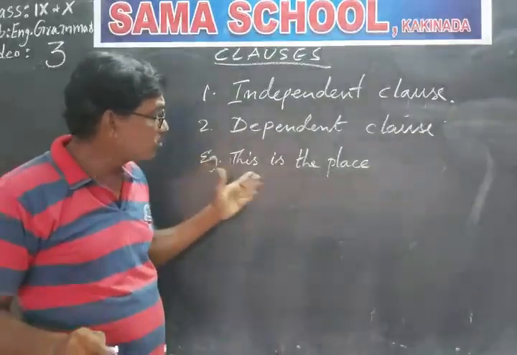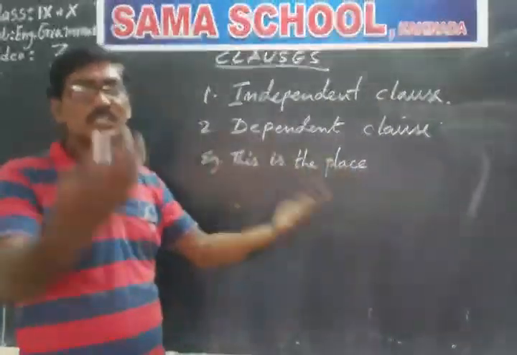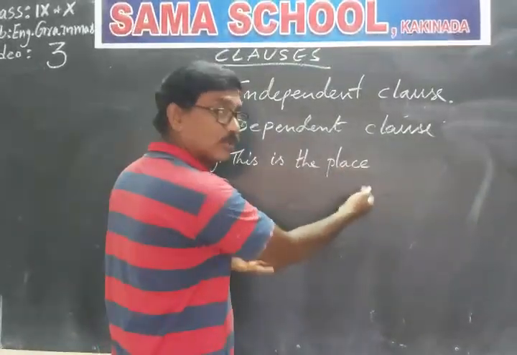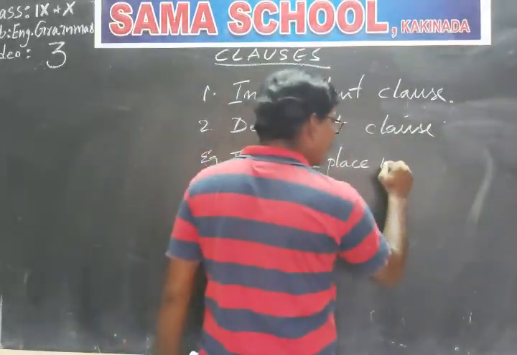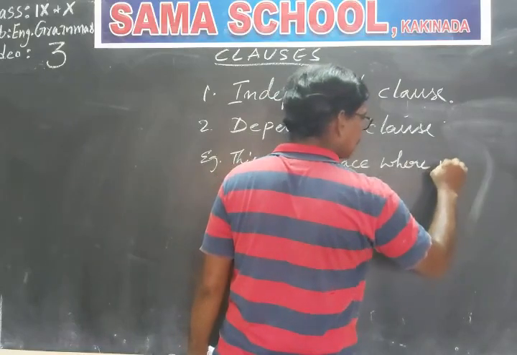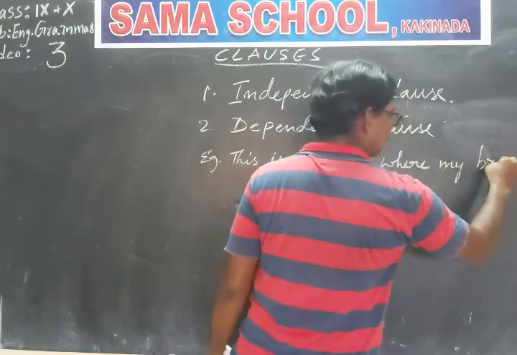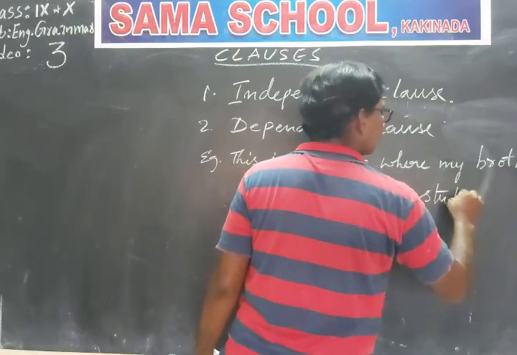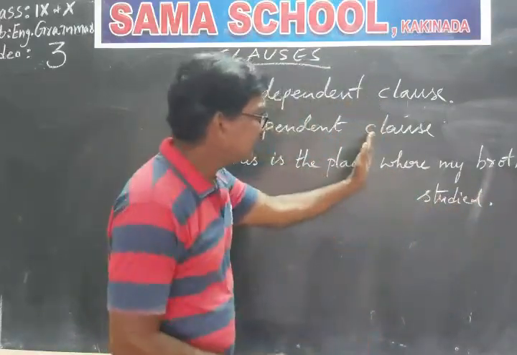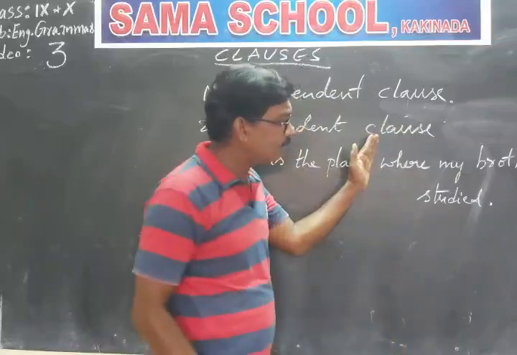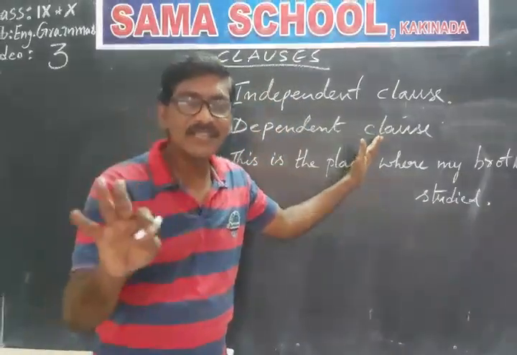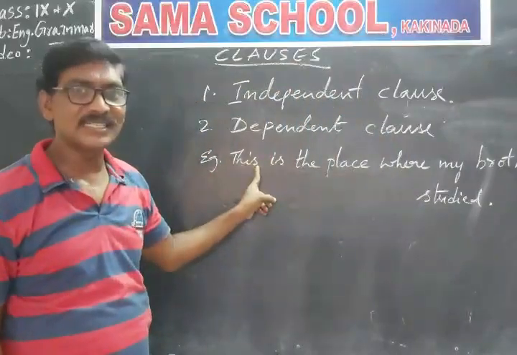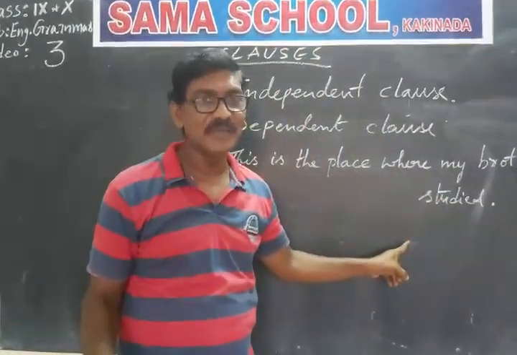Now I want to support this with some more points about the place: where my brother studied. If I read this part separately, where my brother studied is not giving a complete meaning. When it is joined with this sentence, then it gives a complete meaning.